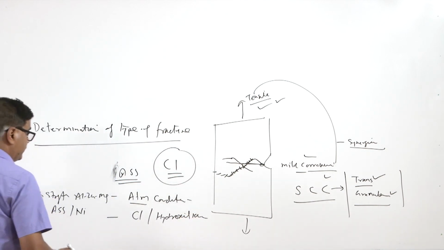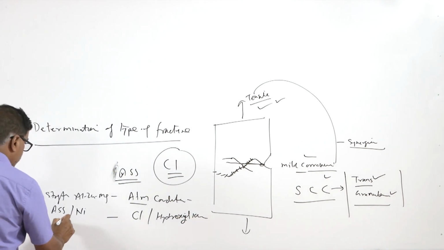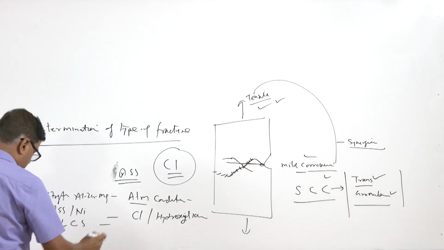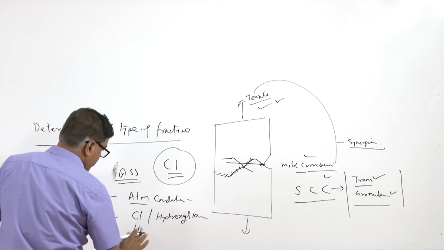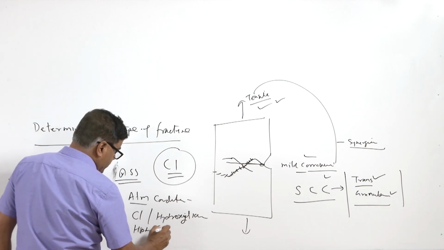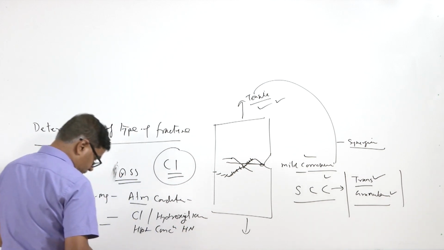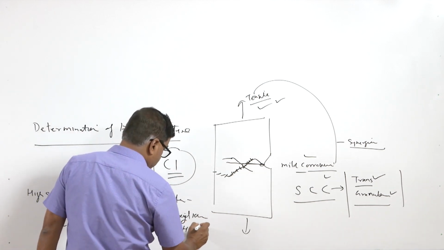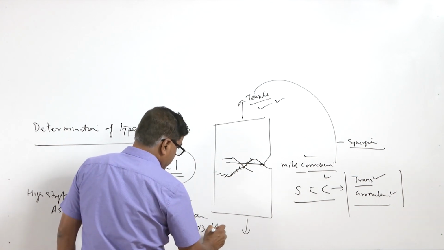Low carbon steel becomes sensitive in hot concentrated nitrates, HNO3, nitric acid, and alkaline solutions.